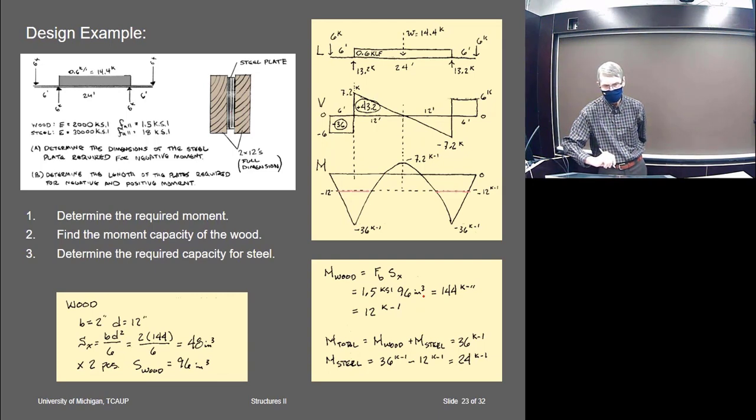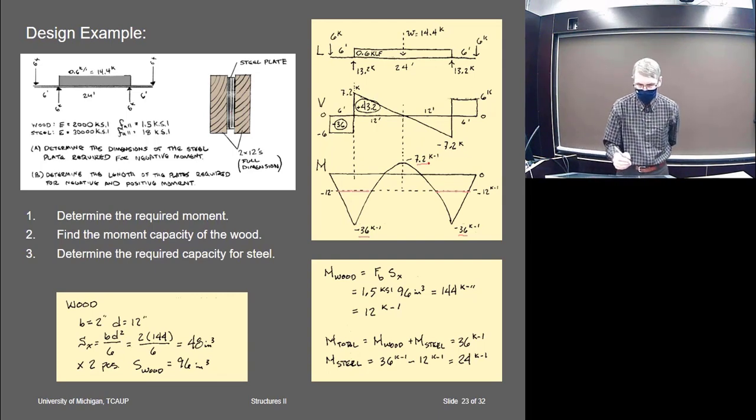I've got cantilevers on each end, so the cantilevers are driving this high moment at the interior support. The moment out in the center is actually quite a bit lower. So I could initially determine how much the wood could carry.